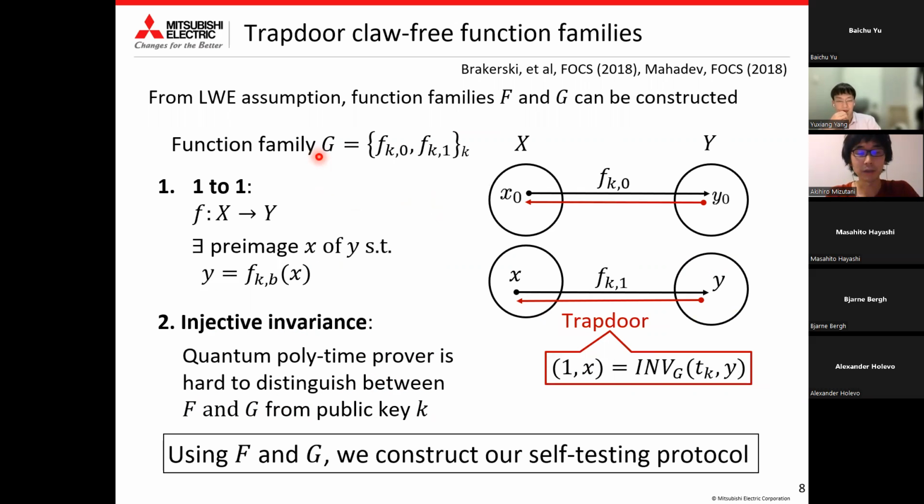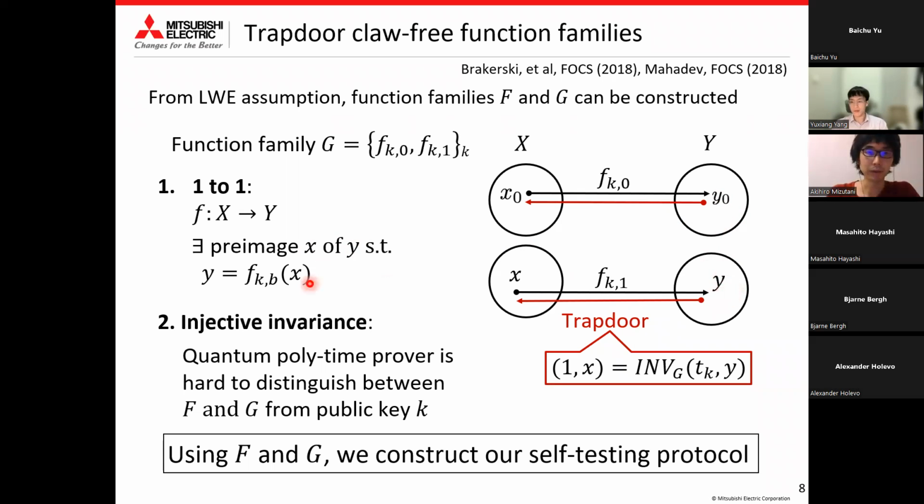The other function family is G. This is also a set of two function pairs, and in contrast to the function family F, this is 1-to-1. Namely, there exists only one preimage that outputs the Y, so the sets of outputs are completely disjoint.